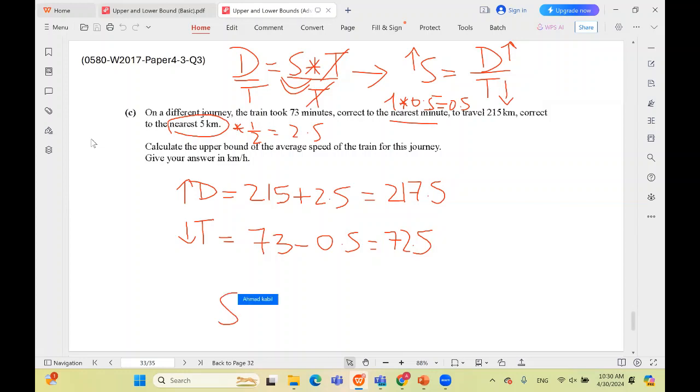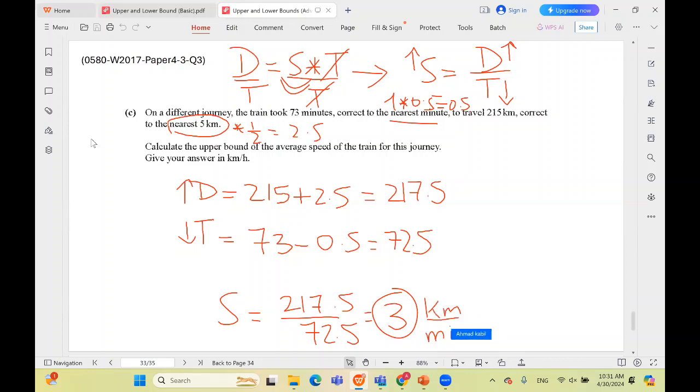So S equals distance, which is 217.5, divided by 72.5. We use the calculator to evaluate, and the answer is 3. Now the final answer is 3, but this will be in terms of kilometers per minute.